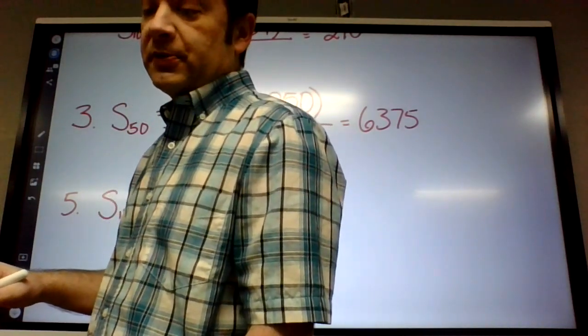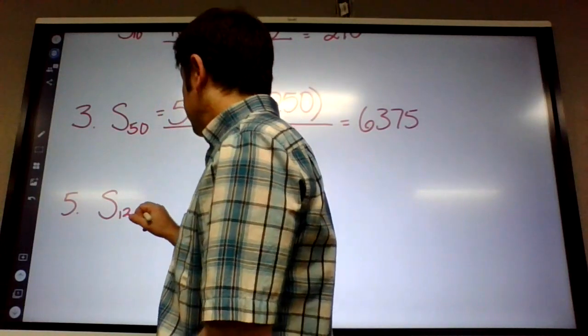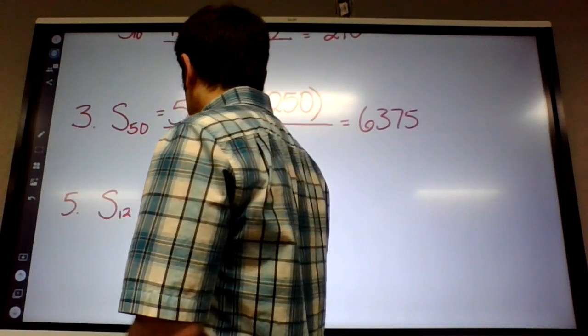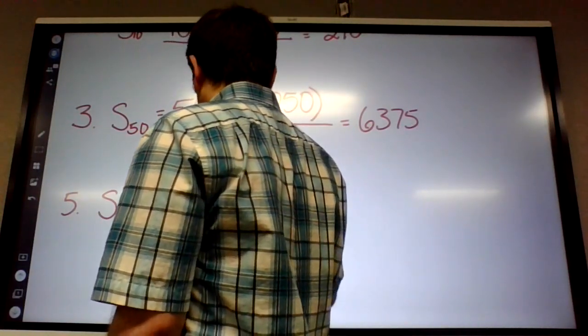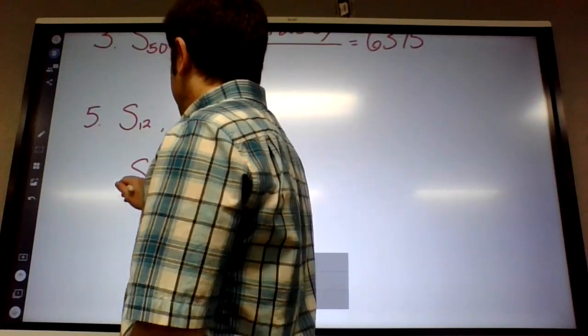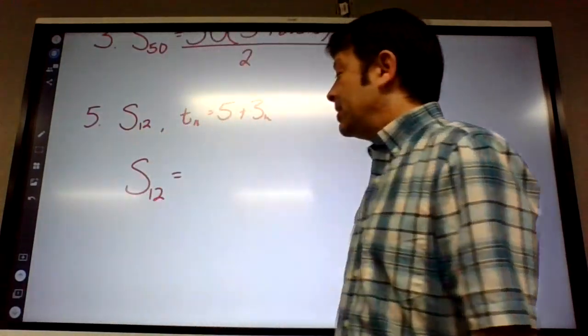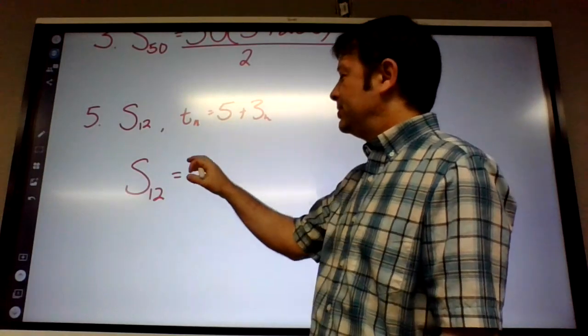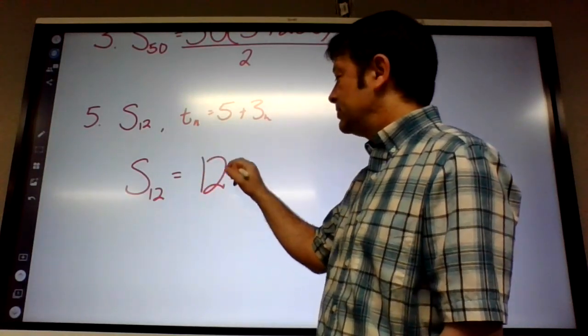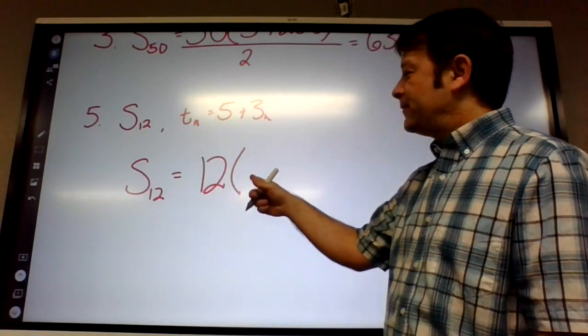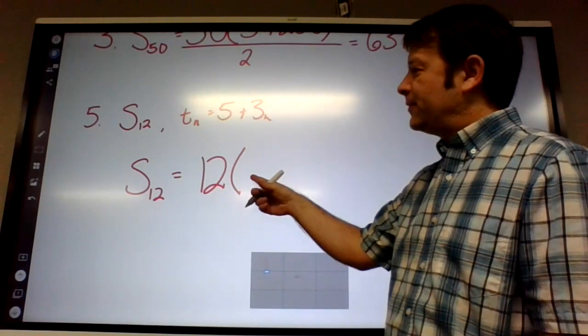T sub n equals 5 plus 3n. Okay, so s of 12 would equal, so how many terms are we using? That goes in front, 12. What is the first term? This one's a little bit different. What's the first term going to be?